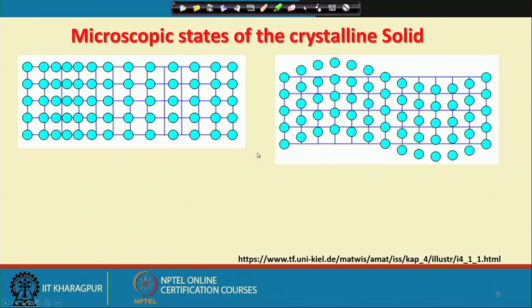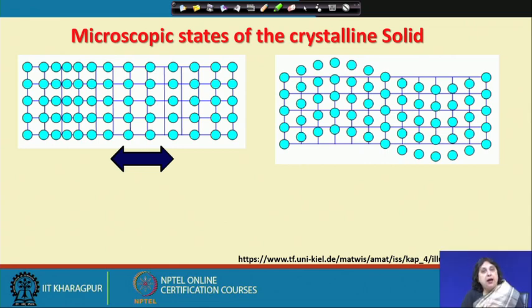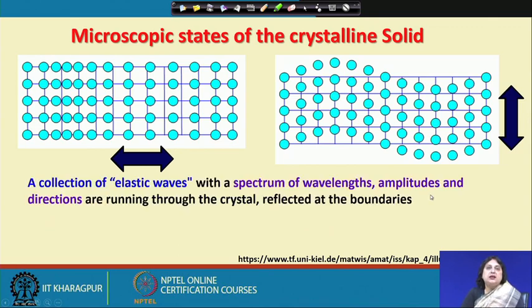So, if we have a look at the combination of the motion of the atoms around their lattice position, either in the x direction or in the y direction, the net result would be a collection of elastic waves with a spectrum of wavelengths, amplitudes and directions running through the crystal.